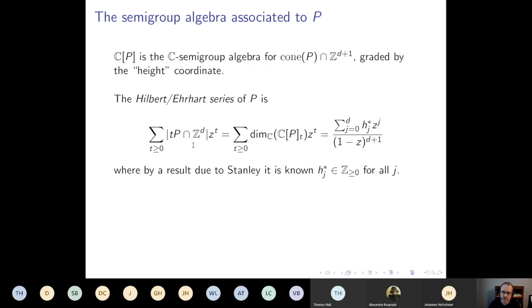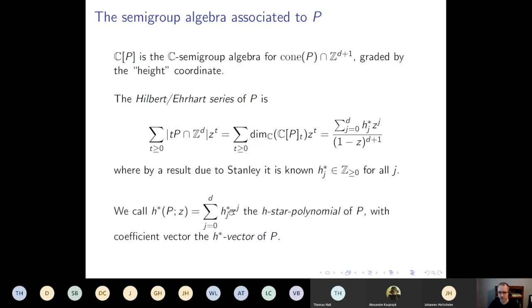Now, another interpretation of that is that it's the generating function. This was Ehrhart's context. It's the generating function for the number of integer points in the t-th dilate of P. So it turns out that the height t slice of this cone is a copy of t times P, the t-dilated P. And either by some discrete geometry or by the theory of Cohen-Macaulay rings, however you prefer to go about it, this has a rational form, and the numerator is a polynomial of degree less than or equal to d that has non-negative integer coefficients.